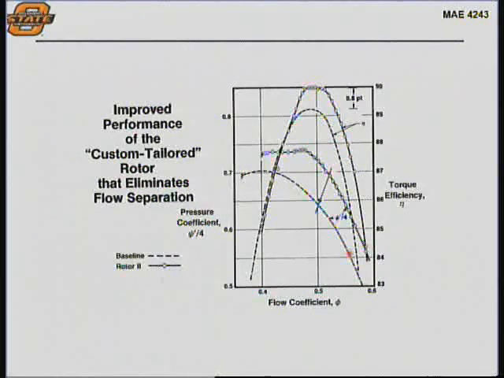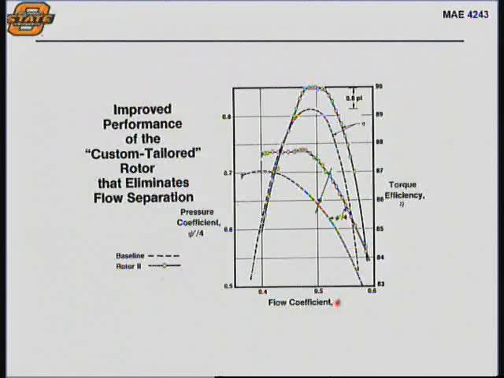Here's an example of looking at a pressure coefficient in the y direction here. This is efficiency on the left-hand side, and this is the flow coefficient. The flow coefficient is defined as the axial velocity divided by the wheel speed, so this is Cz over U, and that's a measure of mass flow.